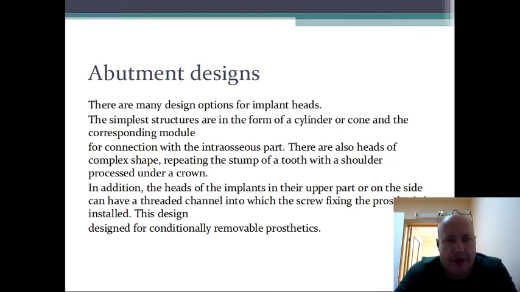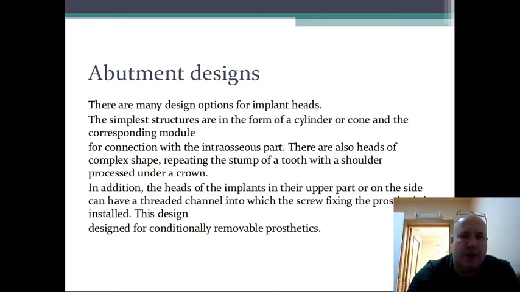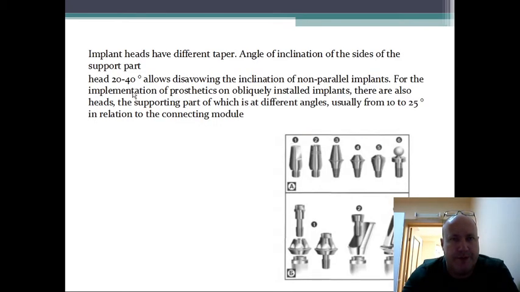There are also heads of complex shape, repeating the stump of a tooth with a shoulder processed under a crown. In addition, the heads of the implants in their upper part or on the side can have a threaded channel into which the screw fixing the prosthesis is installed. This is designed for conditionally removable prostheses.